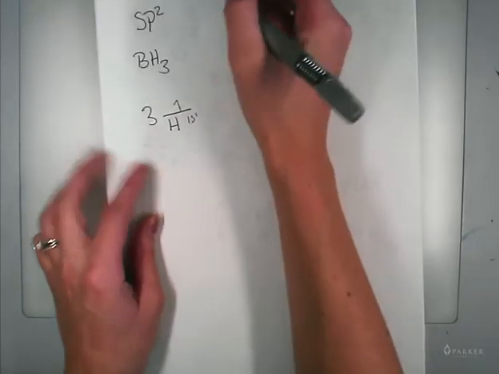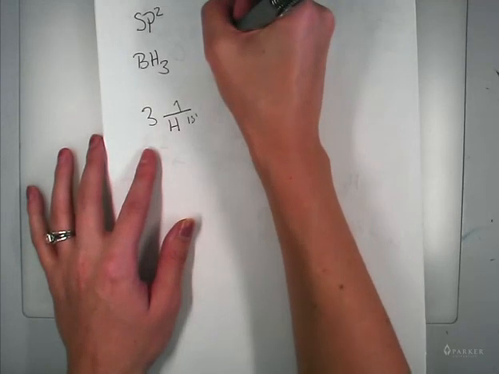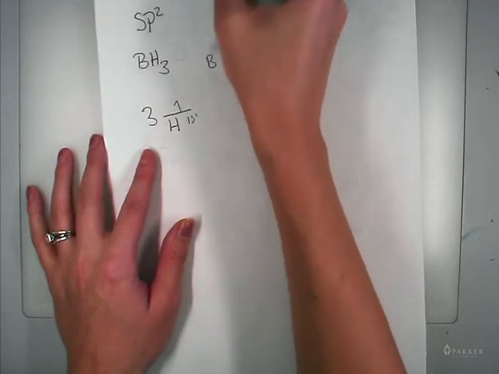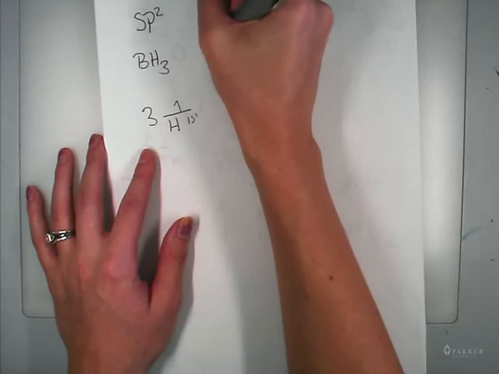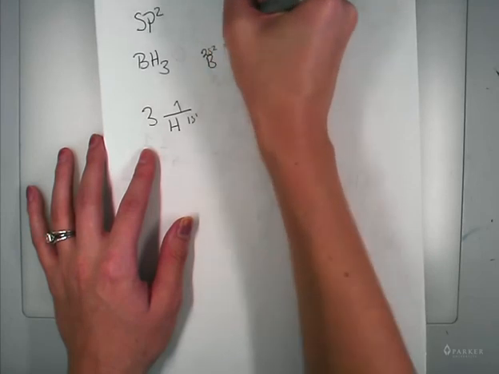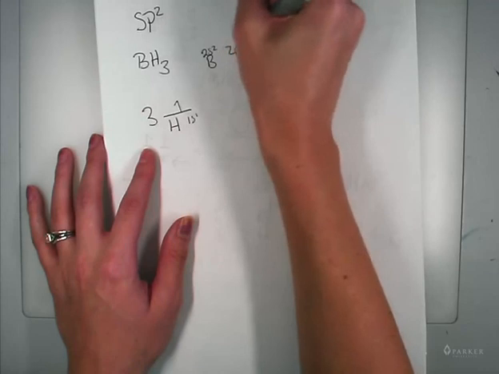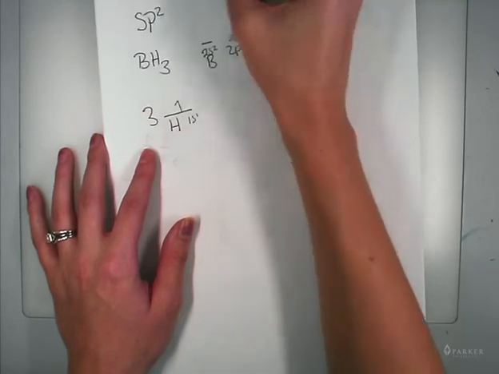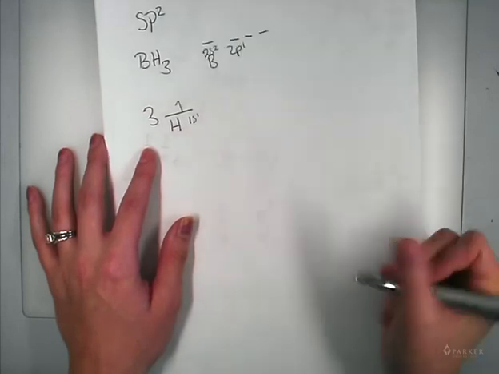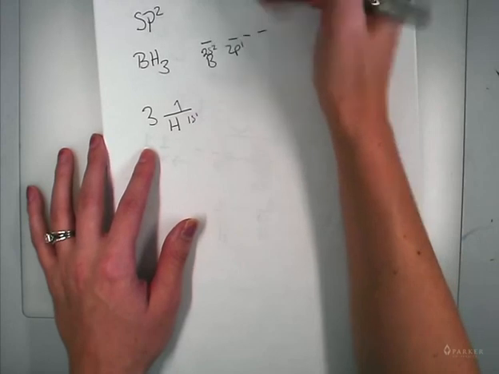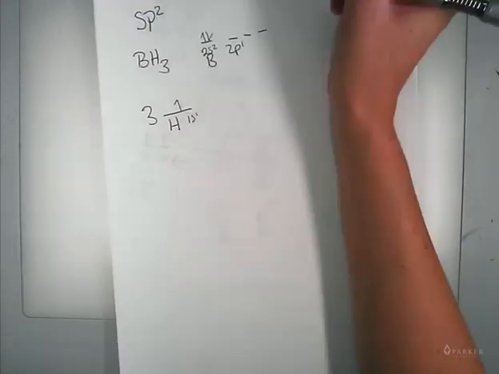Now, what is the electron configuration for boron? Just the outer shell. 2s2, 2p1. So I have my S, my P's. My S, I'm going to have 1 arrow up, 1 arrow down.